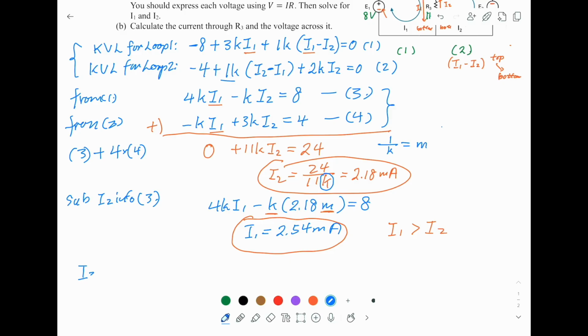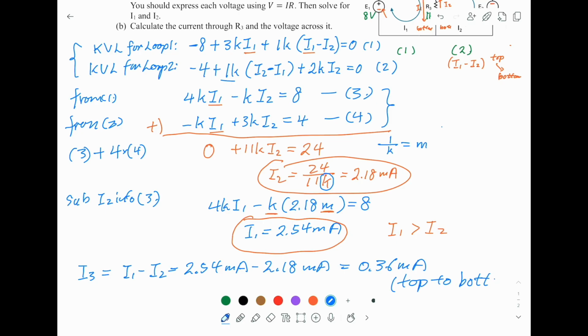Okay, so current I3 passing through R3 is equal to I1 minus I2, and this is 2.54 mA minus 2.18 mA, and you will get 0.36 milliampere. Now you should specify this from top to bottom in the circuit diagram.